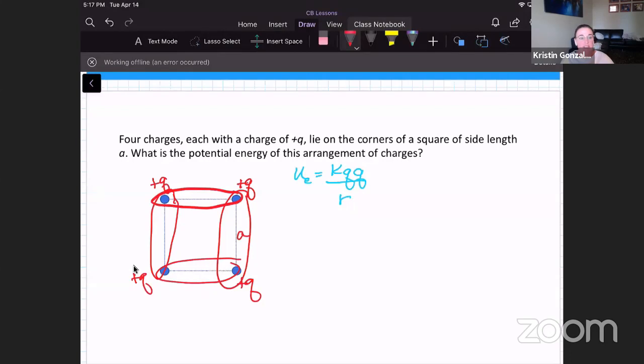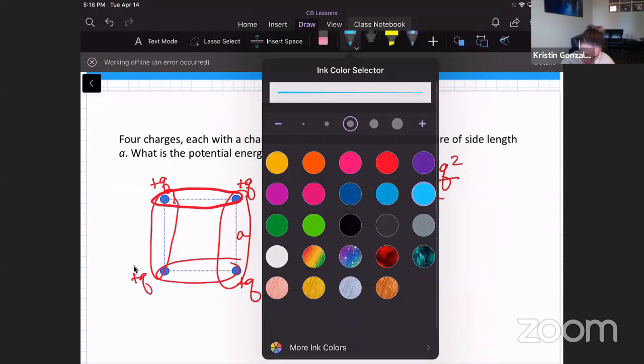If the Q is the same, that becomes Q squared, and the distance between them is A, so of these four, it's 4 times KQ squared over A. And then we also have those diagonals, right?